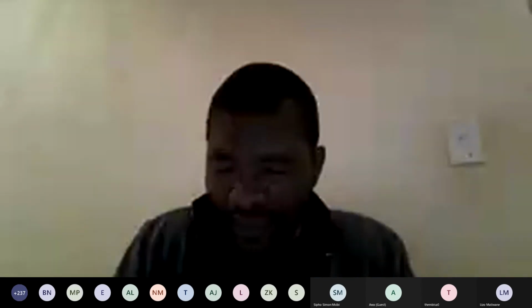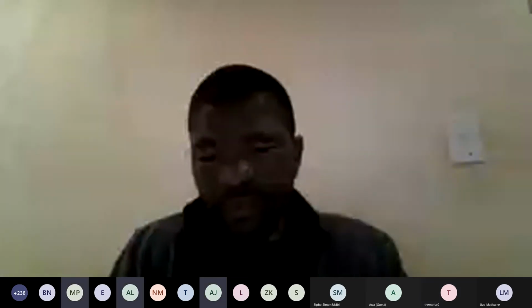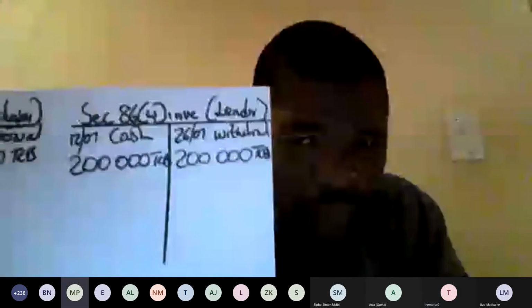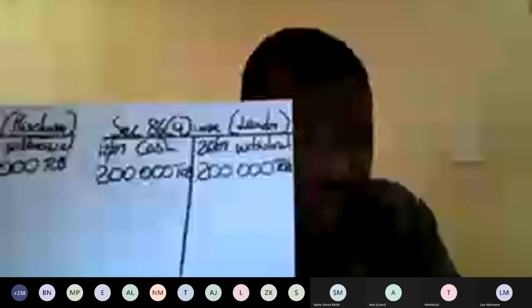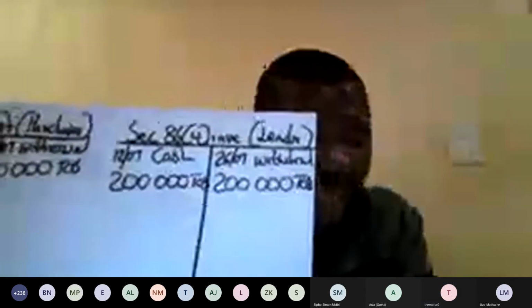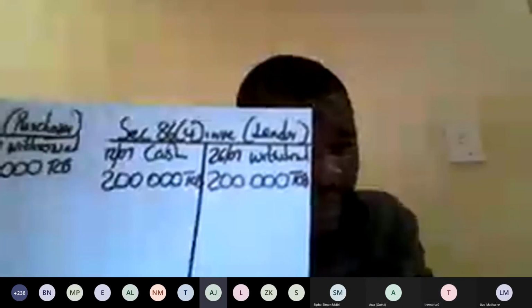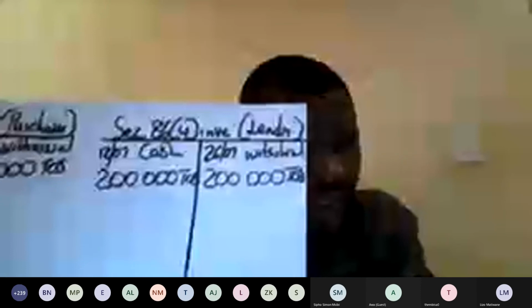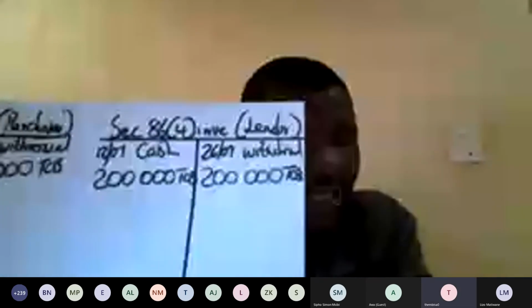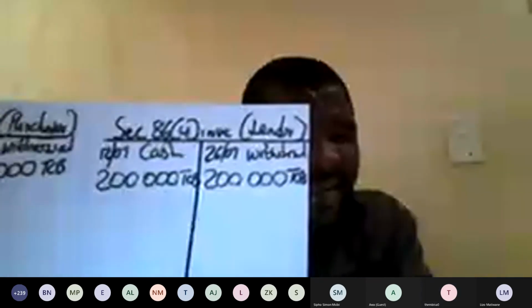Who must be debited? Where are we going to take this money to? The trust cash book. Now, in our trust cash book, are we going to debit or credit after crediting our investment account? Debit. In other words, we are going to receive that 200,000 Rand back into our trust cash book.